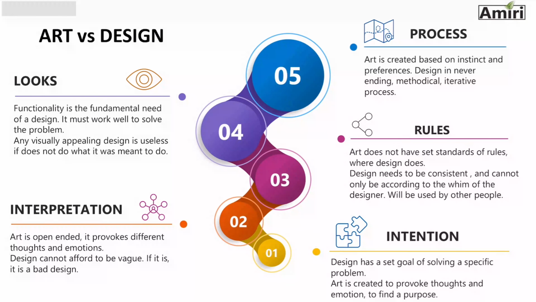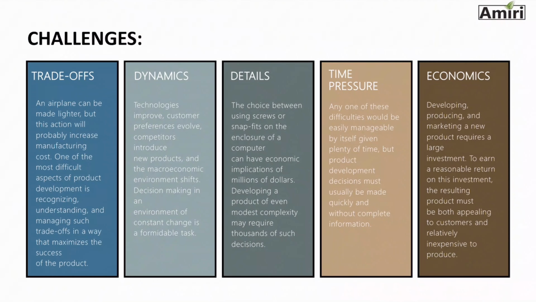Art doesn't necessarily have a specific process that everybody has to follow. So I always thought this was a good comparison to think about engineering design, I should say, versus creating art.